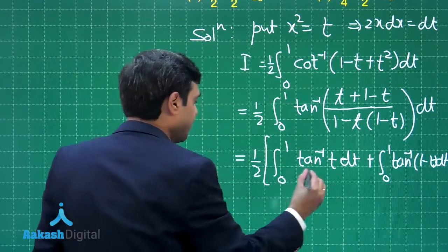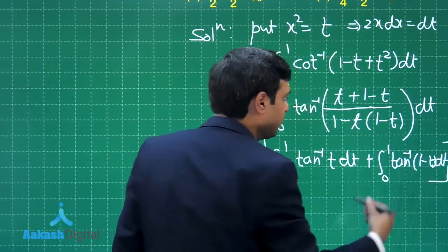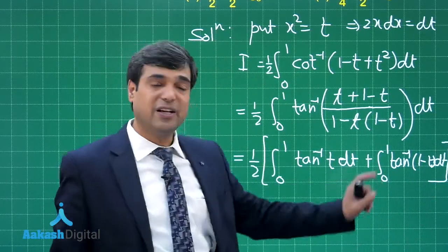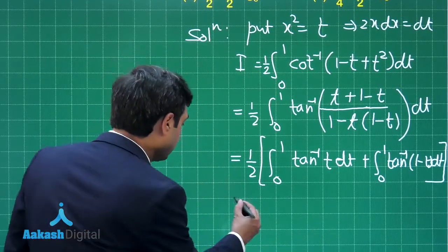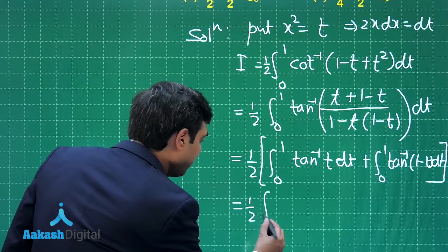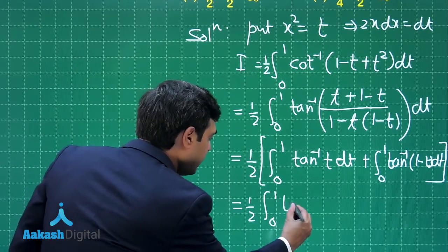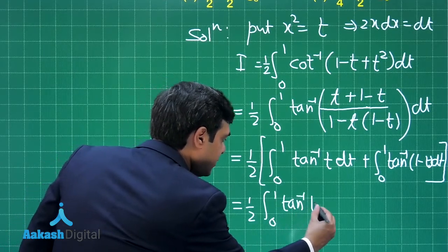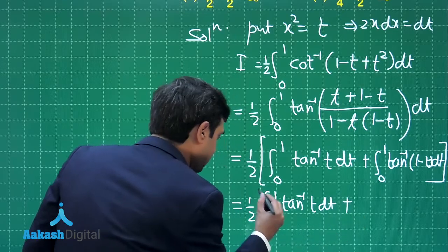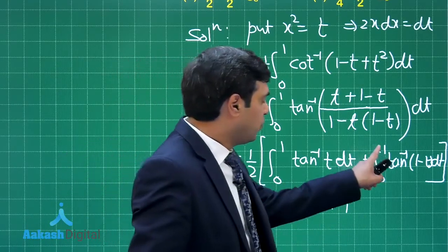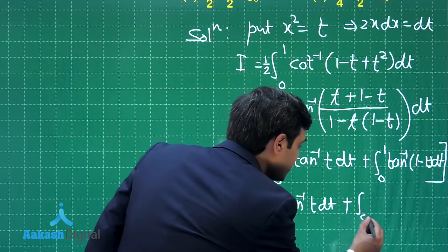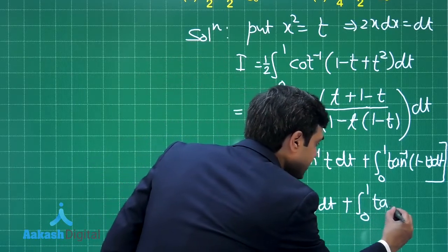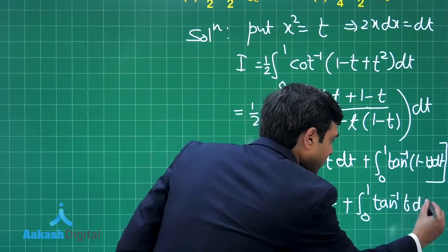You can put it in a bracket so that half is outside both. Now for the second integral, if you apply the property f of a minus x, just see what change we are getting. Half integral 0 to 1 tan inverse t dt plus, when you put here for t 1 minus t, you find it is also changing to 0 to 1 tan inverse t dt.